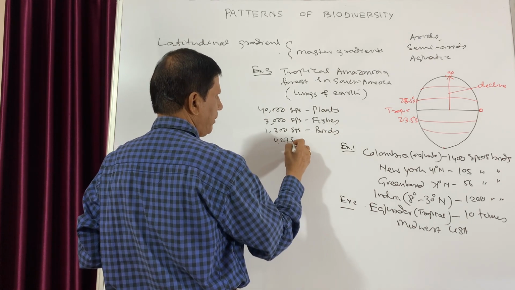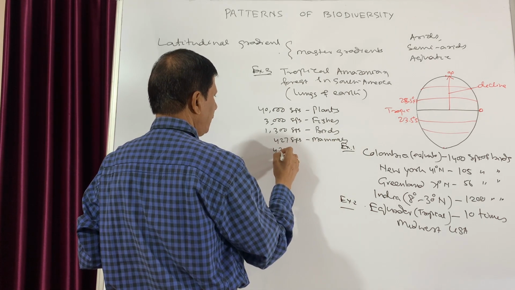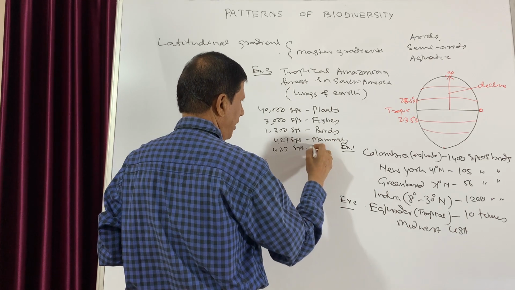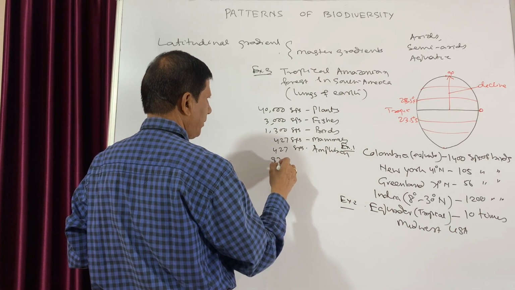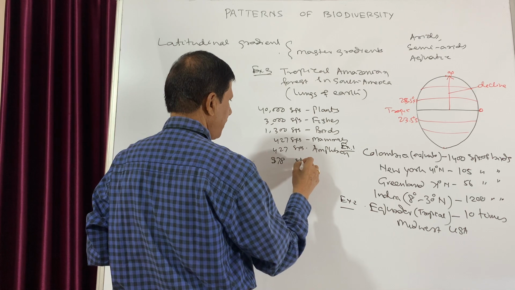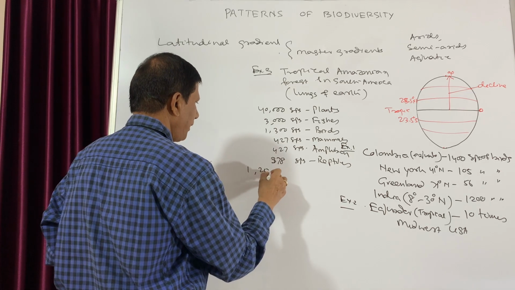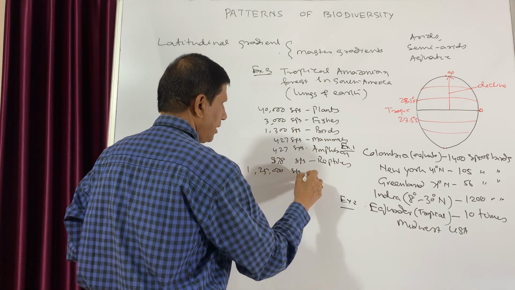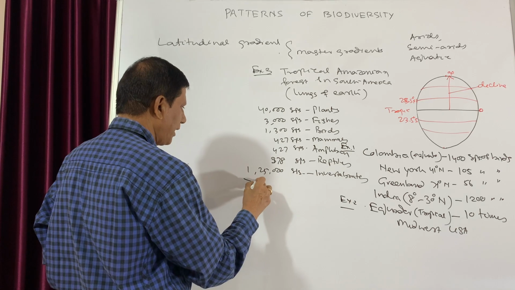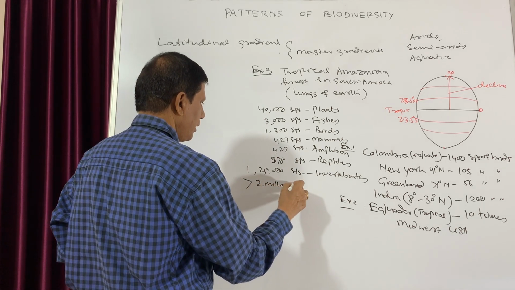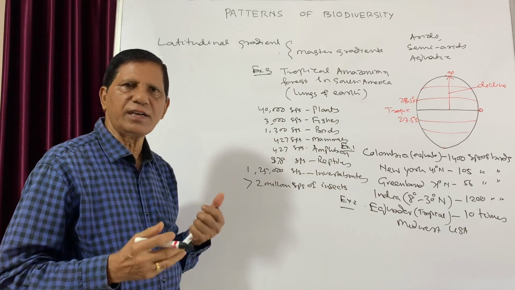Then 427 species of mammals, then 427 species of amphibians, and 378 species of reptiles, and 1,25,000 species of invertebrates, and more than 2 million species of insects, most of which are not yet discovered.